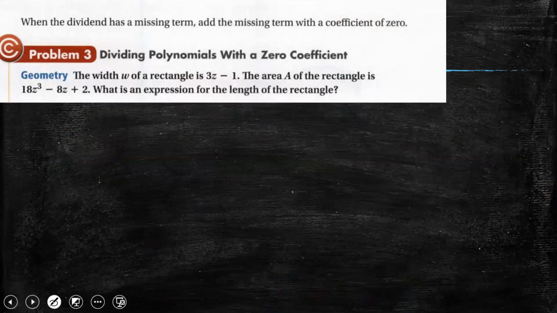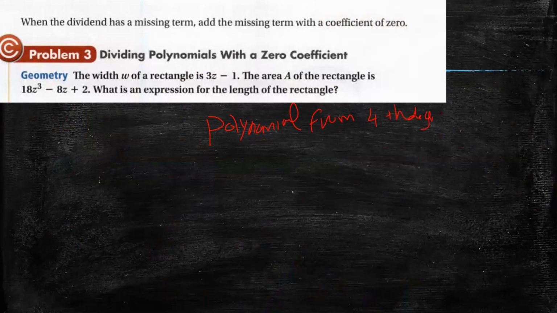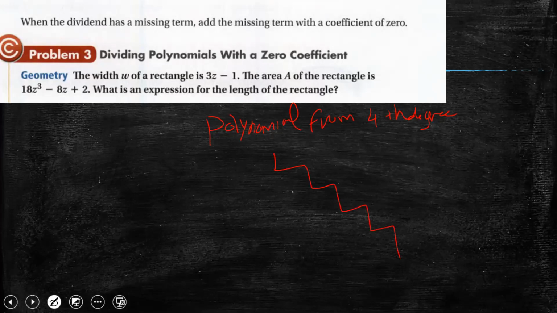Now, sometimes the dividend has a missing term. Like what? All of us know that if we have a polynomial of 4th degree, that means we have x to the power 4 plus x to the power 3 plus x squared plus x to the power 1 plus a constant.